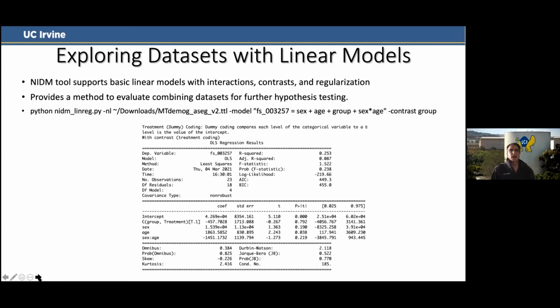This is a work in progress, but on the back end of this, the provenance of this linear model would then be written out in this NIDM workflows description and potentially added back into your NIDM document to create this living data document. In linked data, it doesn't matter if everything's in one document or in separate documents, you can link them together. So the result sets can be in a separate file from the experimental metadata.